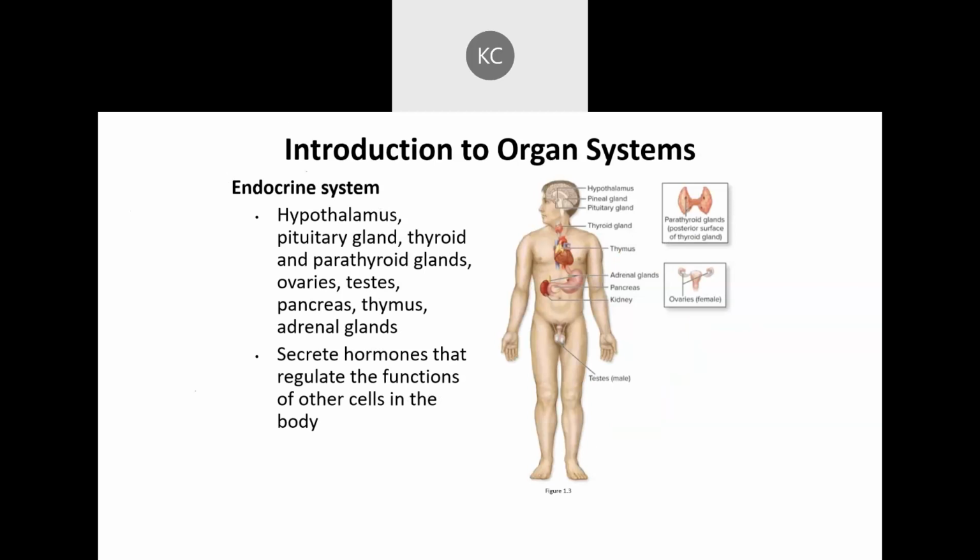The nervous system is very fast and very short-lived. The endocrine system is a little bit slower, and usually a little bit more long-lived. Different glands like the hypothalamus, pituitary gland, thyroid, your gonads, pancreas, adrenal gland, these are all part of your endocrine system. And again, the main product that they secrete is hormones.